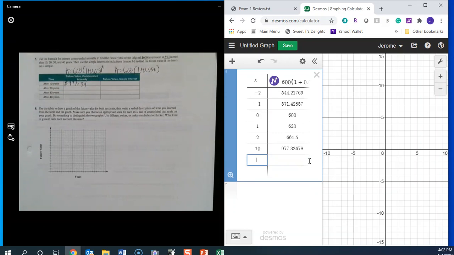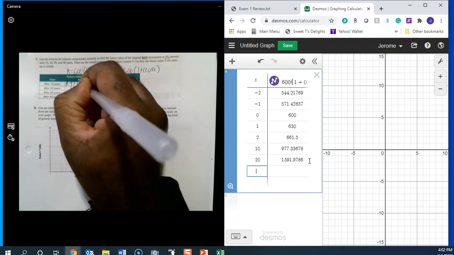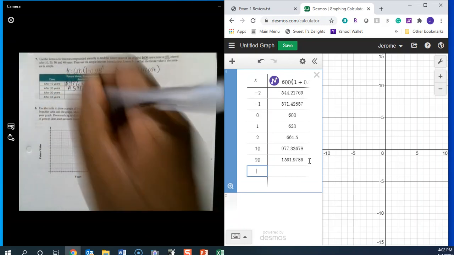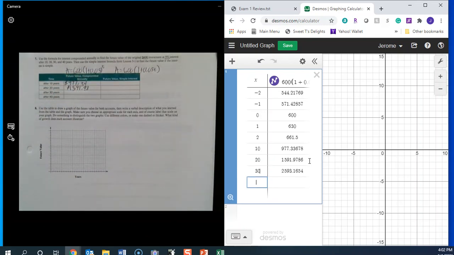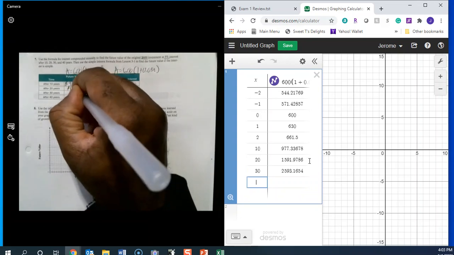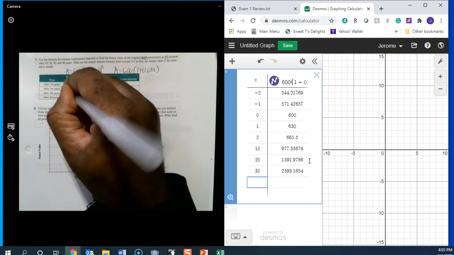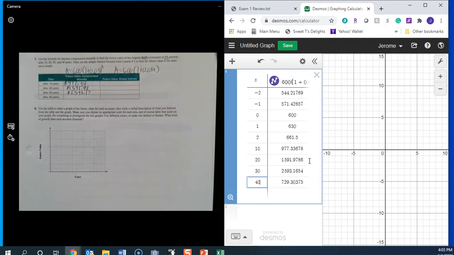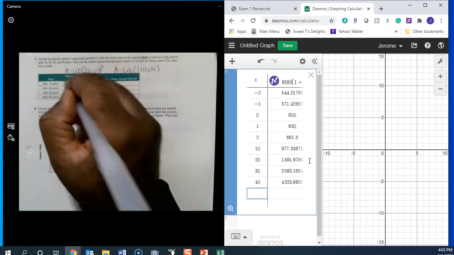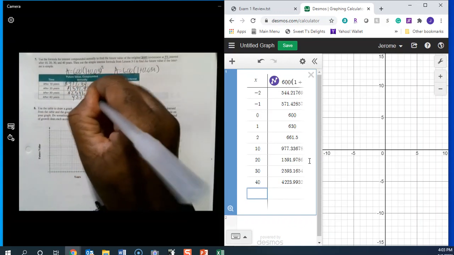Then we could type in 20 years. That'll be $1,591.98. Then 30 years will be $2,593.17. Then finally 40 years will be $4,223.99.